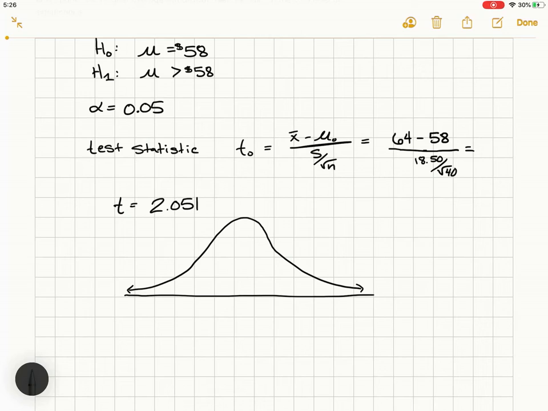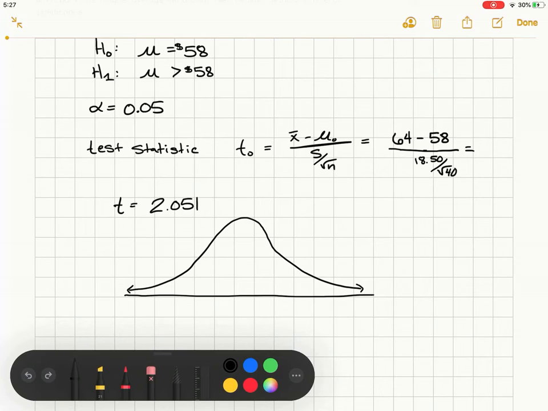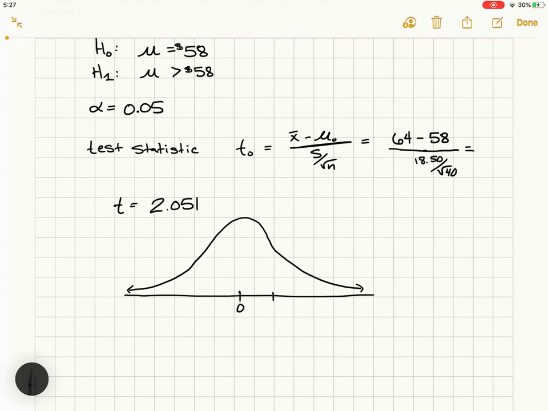Now, this is not exactly a bell curve, so instead of using a z-score, I'm using a t-score. If you remember, 0's in the middle, then 1 is at the inflection point, and then 2, 3.